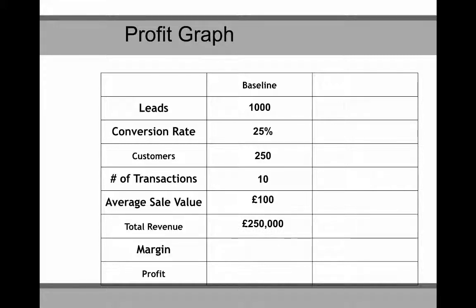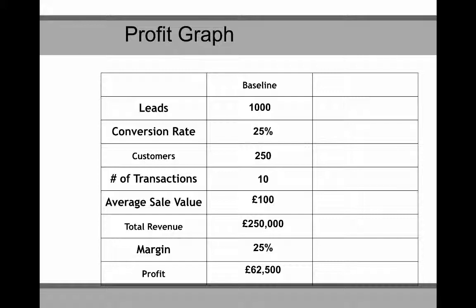However, you have to subtract out all your expenses, including rent, mortgage, salaries, marketing costs, costs of goods, and so on and so on. In this example, let's assume your profit margin is 25%, which leaves you a profit of £62,500.